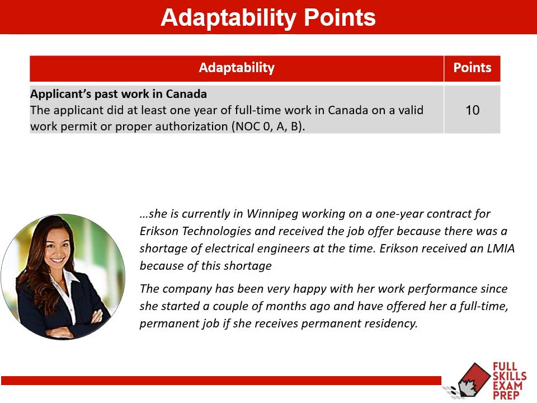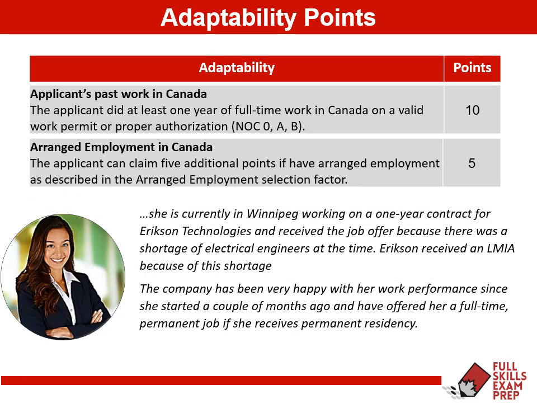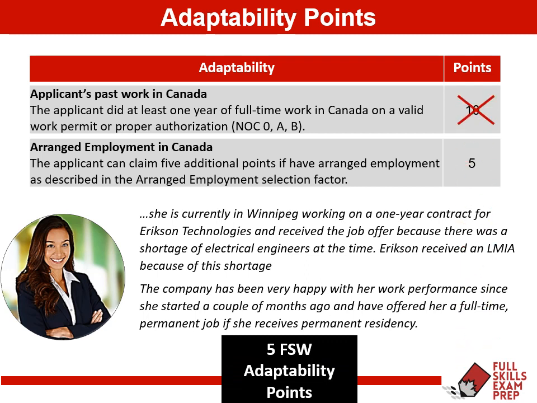And Alexa, so with her, we have her currently working in Winnipeg on a 1-year contract and received the job offer because there was a shortage, so the LMIA job offer. She's working as an engineer, so knock OAB. The trick with this one is in that second paragraph.